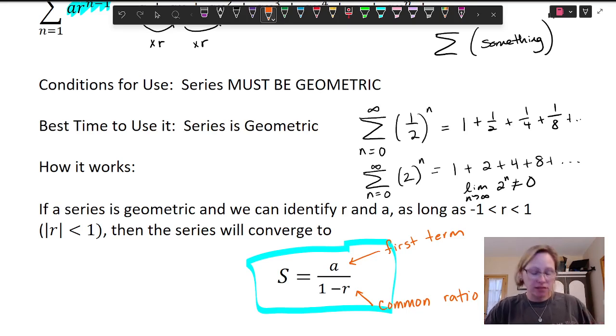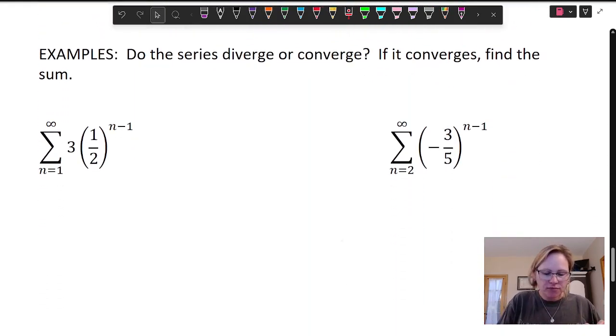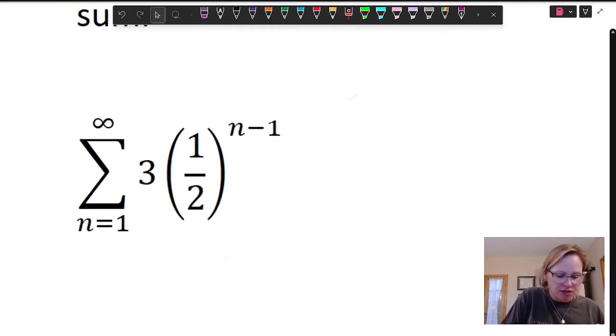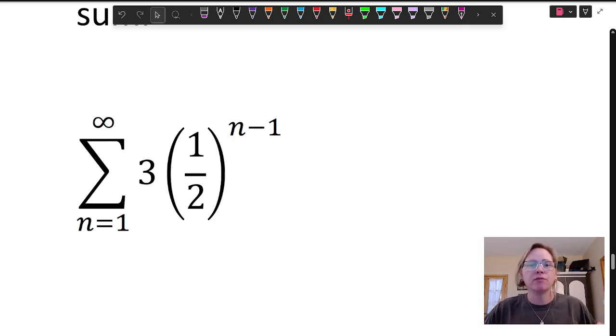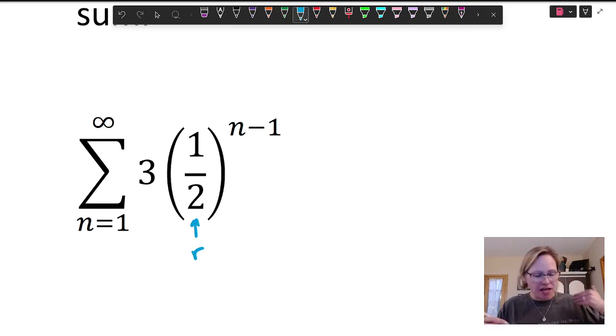So let's take a look at a couple of geometric series and see how this little test works. Do the series converge or diverge? Let's look at our first one here. First of all, this is a geometric series. I know it's geometric because I have something to a power. My r value is 1/2. Now, to find the a value, I have to be really careful.